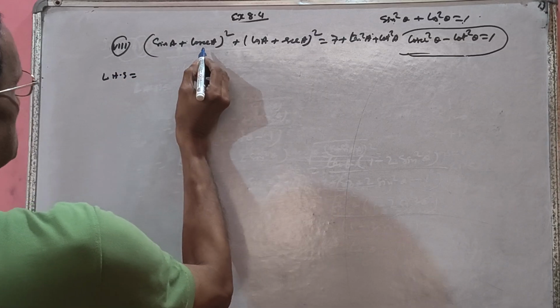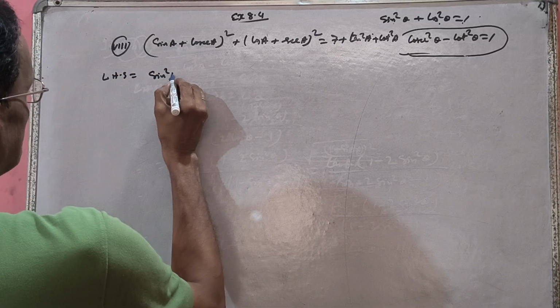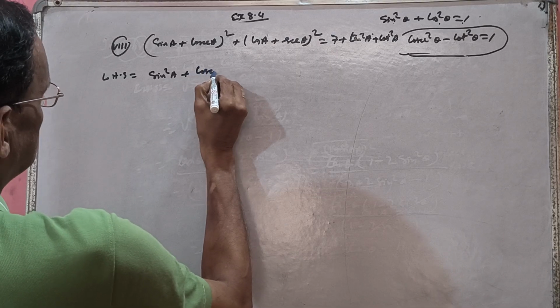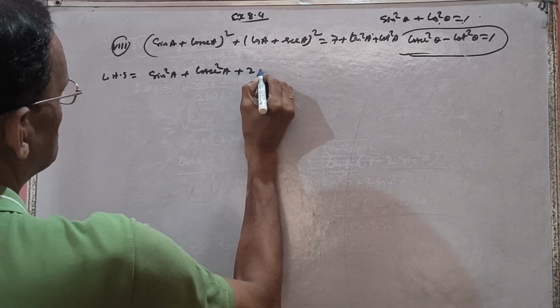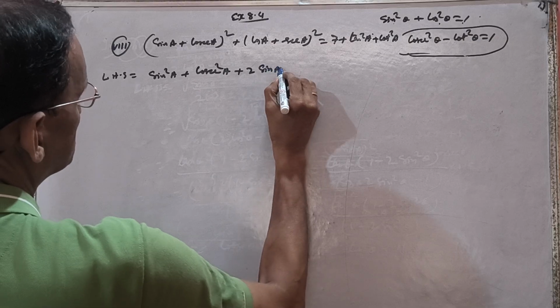See, A plus B whole square formula we can write A square plus B square plus 2AB.